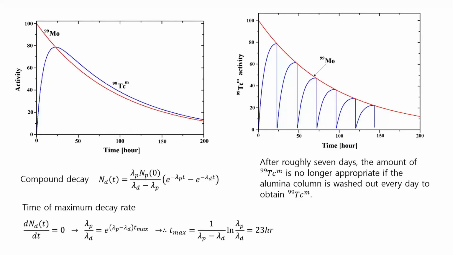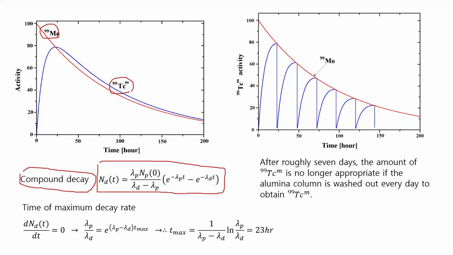This figure shows the decay of molybdenum-99 and production of Tc-99m. This is compound decay, so we can obtain this relationship, but we cannot explain in detail how this equation is obtained. It's too complex, so we will not discuss it further.